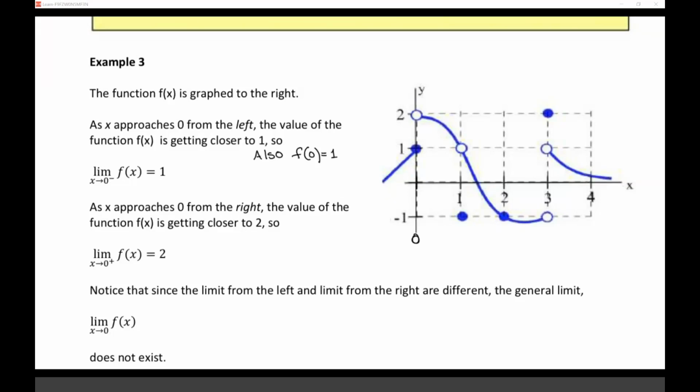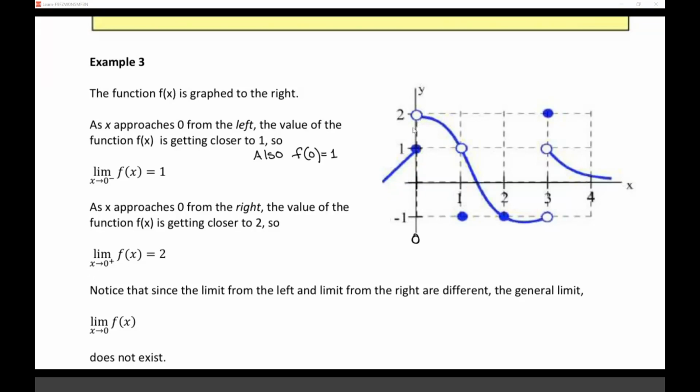Now, if you're looking at this part of the graph and you're approaching x equals 0 from the right, you're getting closer and closer to y equals 2. So here's the notation for this part: the limit as x approaches 0 from the right of f of x is 2.